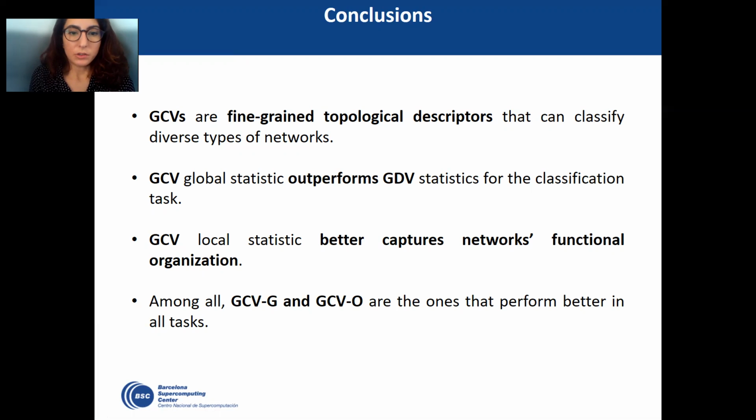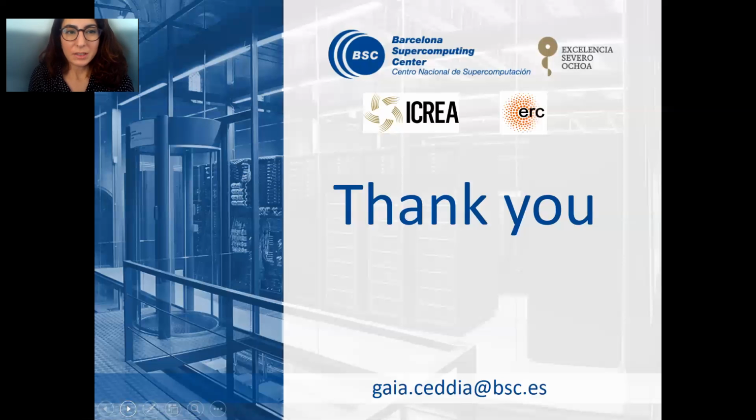Also, we can see that GCVG and GCVO are the two families of equations that perform better on all the tasks, so the local statistic and the global statistic. And this is my conclusion for the poster.